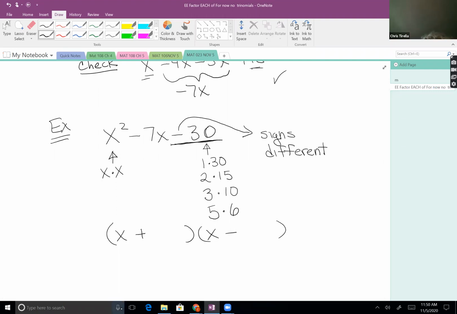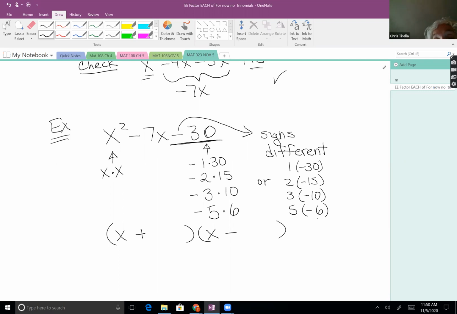So I could have negative 1 times positive 30, negative 2 times positive 15, negative 3 times positive 10, negative 5 times positive 6. Or couldn't I have positive 1 times negative 30, positive 2 times negative 15, positive 3 times negative 10, or positive 5 times negative 6. Lots and lots of possibilities.